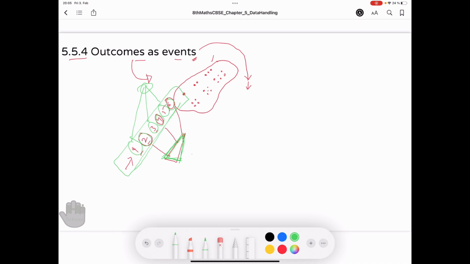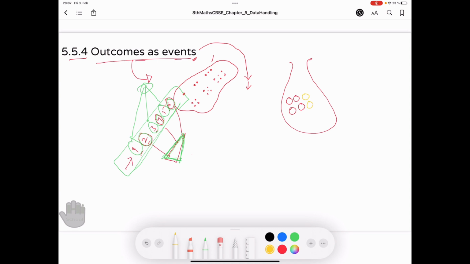Let us take an example which highlights the difference between outcomes and event. We have a bag with 4 red balls, 1 2 3 4, and 2 yellow balls as well, 1 2.